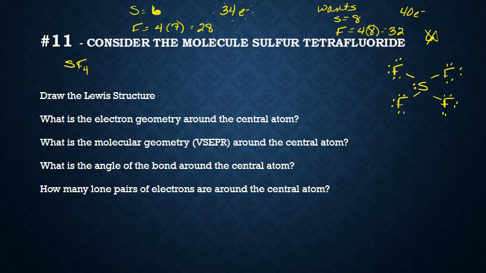The electron geometry around the central atom, because there's 5 things, 4 bonds and 1 lone pair, is trigonal bipyramidal. Because there's 1 lone pair on the central atom, the molecular geometry on this one is called seesaw.